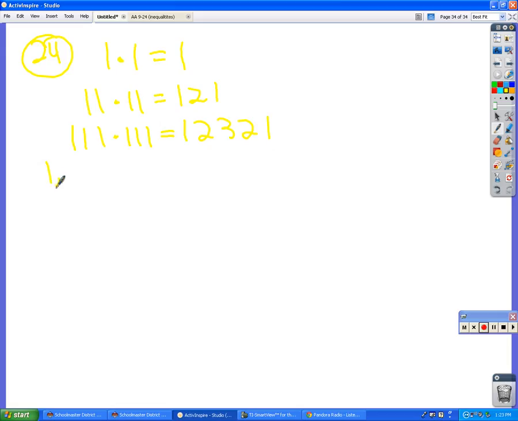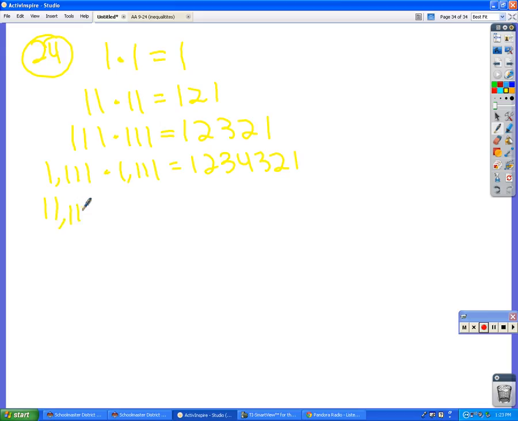If I go 1,111 times 1,111, I get 1234321. Do you see the pattern? Yes. It counts up to a number and then turns around and goes back down. And the number that it counts up to matches the number of ones in the thing that we're multiplying.